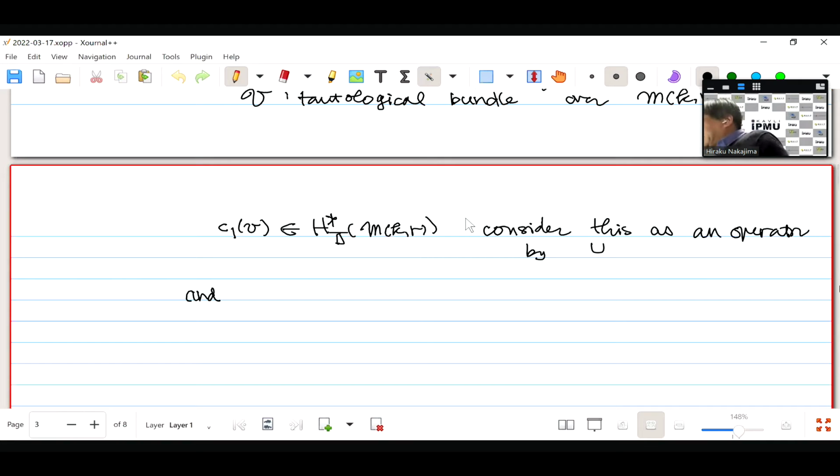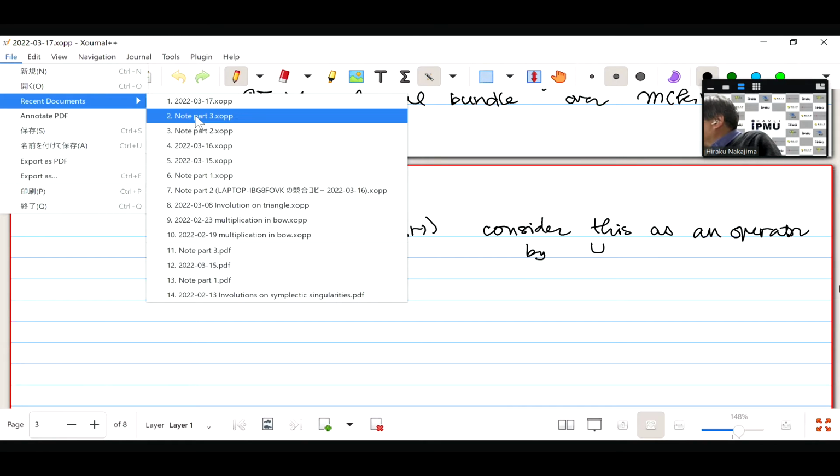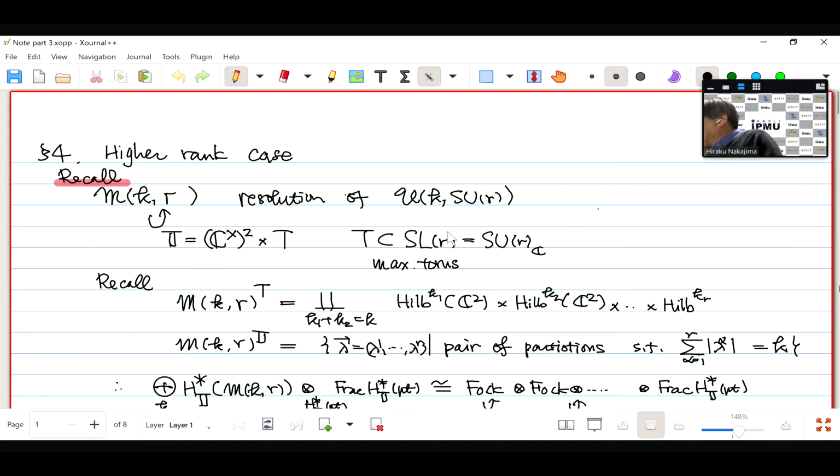Okay, maybe I give up continuing this writing. I think I have a note which I prepared for this lecture, so I will just read. Okay, it is more reasonable, I guess.